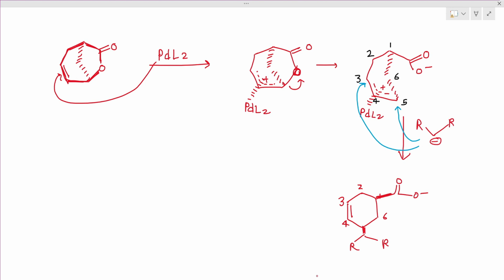The second condition is that you can get it in this manner. This is your group, and at the 3rd position you get your nucleophile like this. Now your bond will be at this position. You can see that these two are the syn isomers. So you are getting the syn diastereomers only.